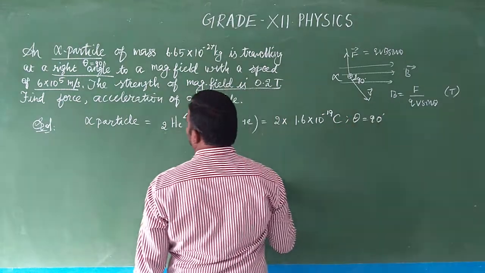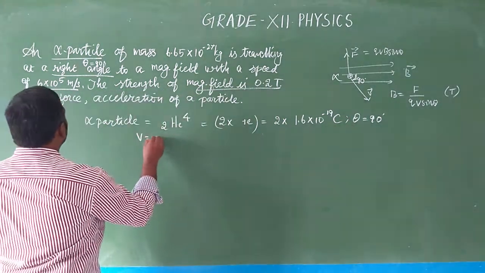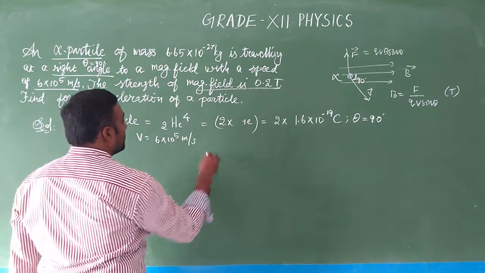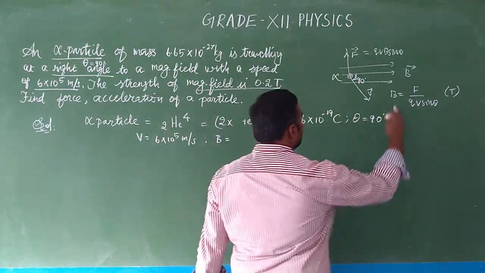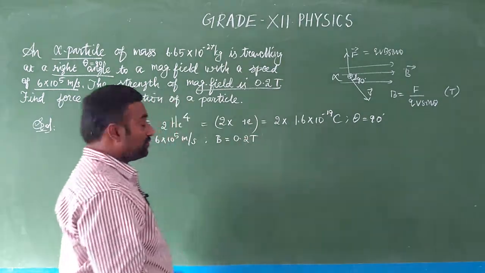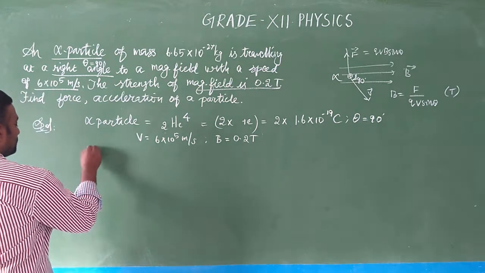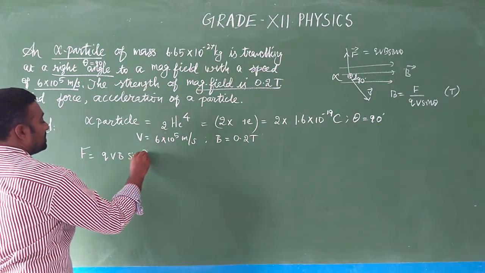What is the velocity of the alpha particle? The velocity is 6 into 10 to the power 5 meter per second, and the region has an external magnetic field of 0.2 Tesla. We need to find the force and acceleration. The magnetic Lorentz force F is equal to QVB sin theta.